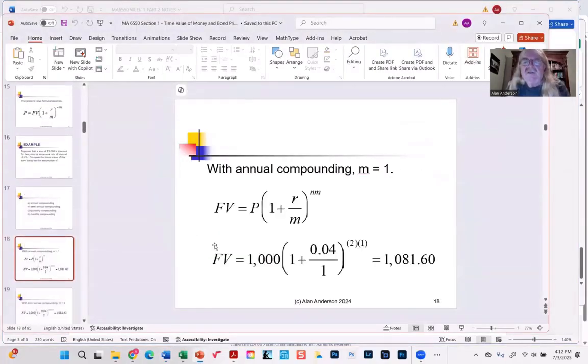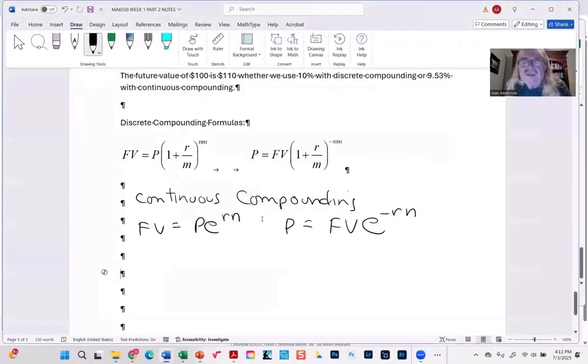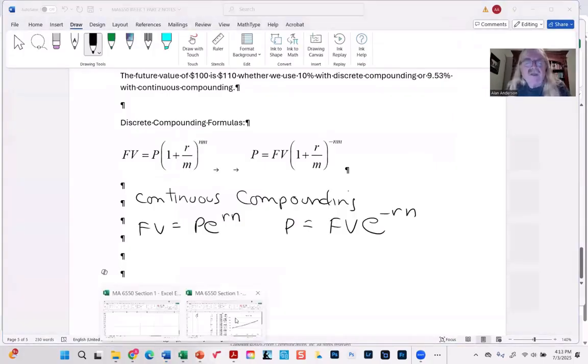So they've got some examples here where we're going to see how the compounding frequency is affecting our compounded interest. That's actually the example we just saw in the spreadsheet, so we don't really need to go through it again.